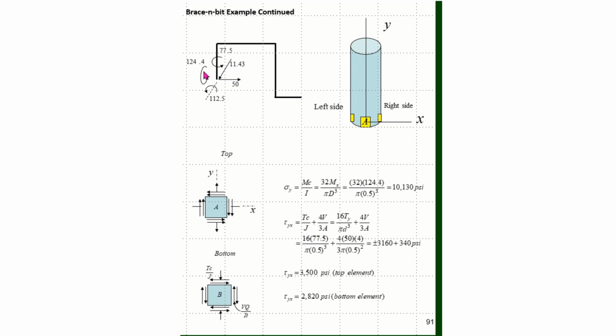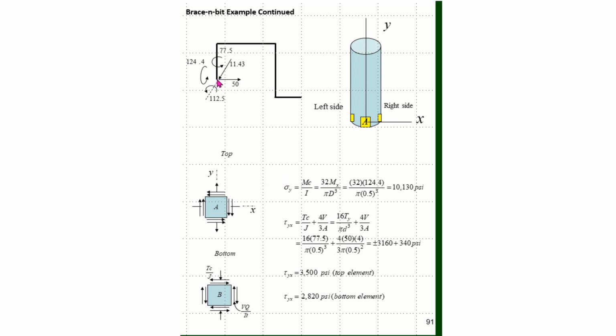Now to look at the stress elements, I'm going to look at stress element A on the top of the shaft, or here in the front of the shaft, and element B is going to be right behind element A on the back, or the bottom of the shaft.